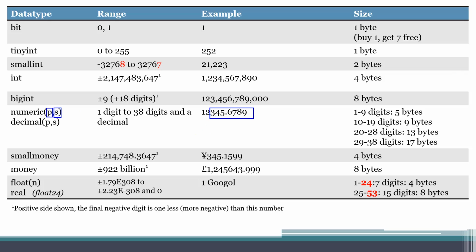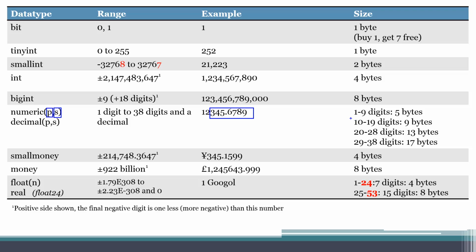But we could declare a data type of 7, 4 and still hold it. Since the precision of 7 falls in the level of 1 to 9, it would still take 5 bytes. So we wouldn't really save any space by declaring a 7, 4, but we would restrict it from allowing numbers that are bigger.